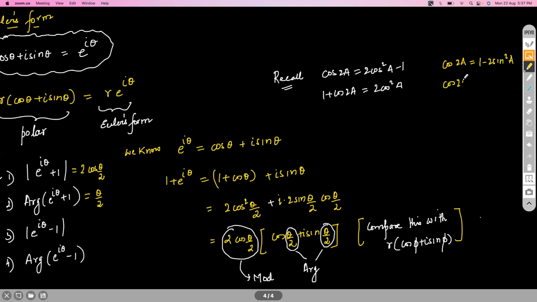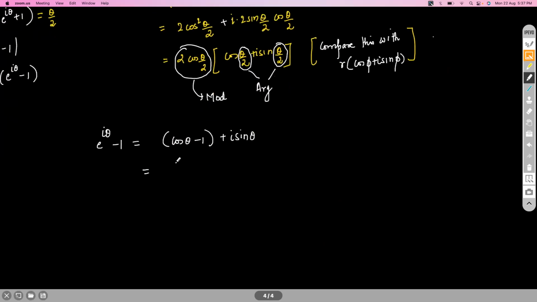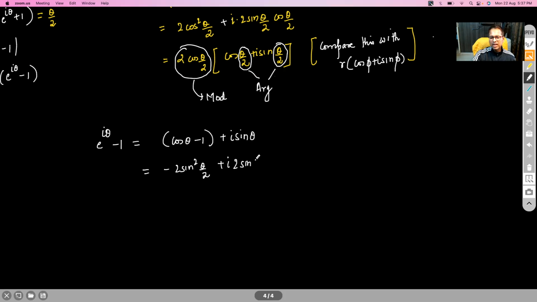So that means cos of 2a minus 1 is negative 2 sine square a, right? Can I use that over here and write this as negative 2 sine square theta by 2? Yes or no? And sine theta, I can break it up as 2 sine theta by 2 cos theta by 2.